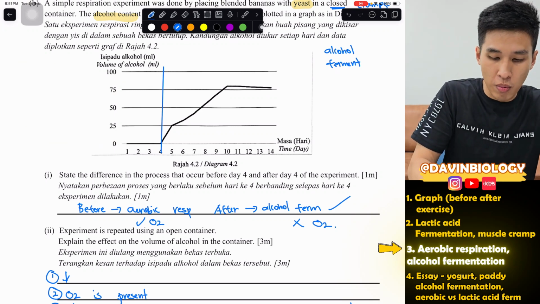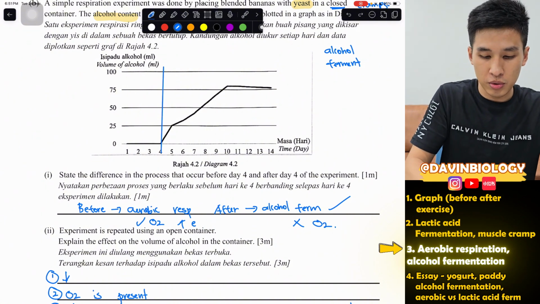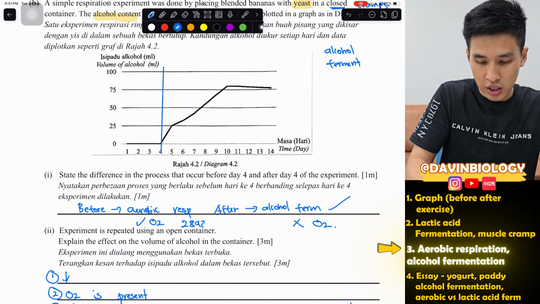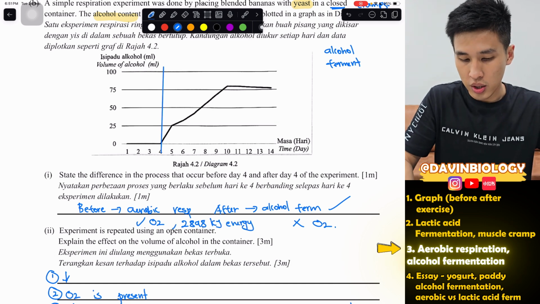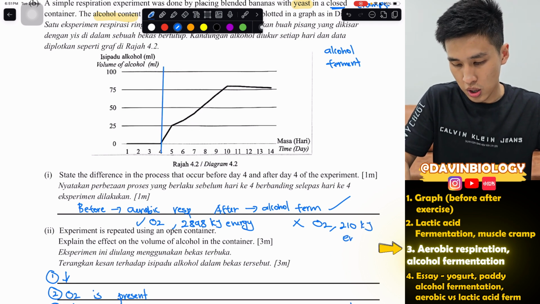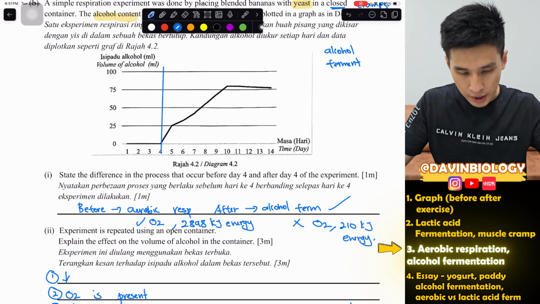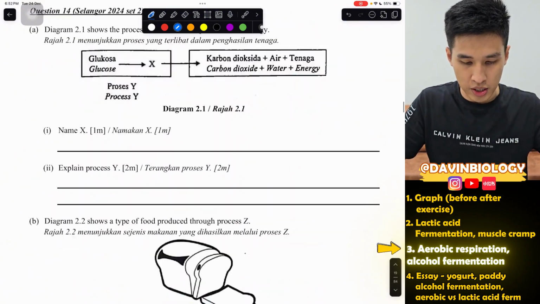So you can write more energy, or you can write the exact amount, 2898 kilojoule energy. This one, 150 kilojoule. Alcohol fermentation is more than lactic acid fermentation, so it's 210 kilojoule energy. Okay, and that's about it for this question.